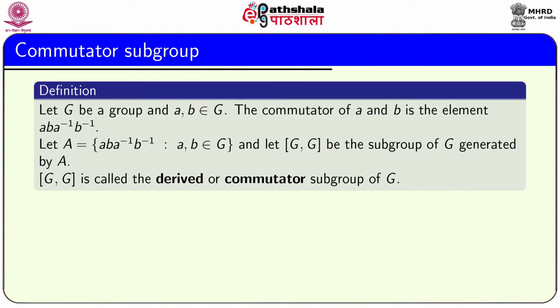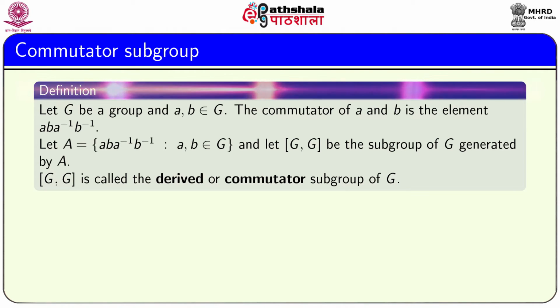We define the derived subgroup or commutator subgroup of a given group G. Let G be a group and a, b be two elements in G. The commutator of a and b is the element of the form a b a inverse b inverse.